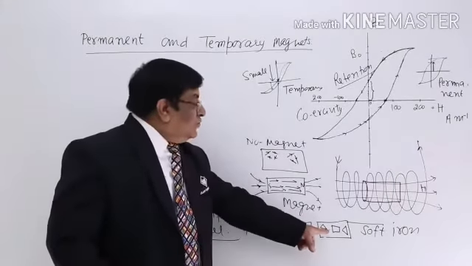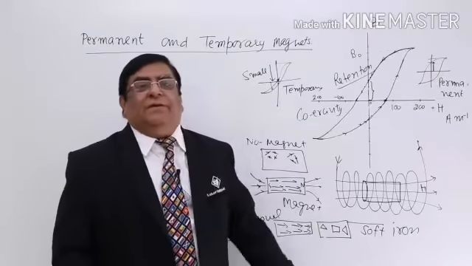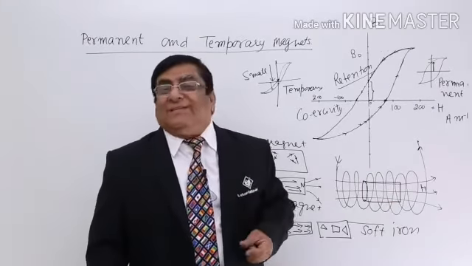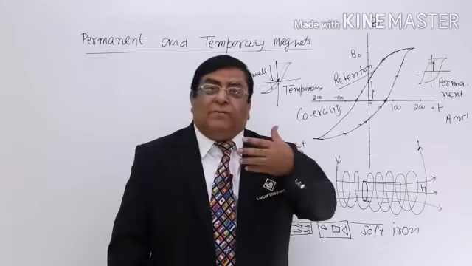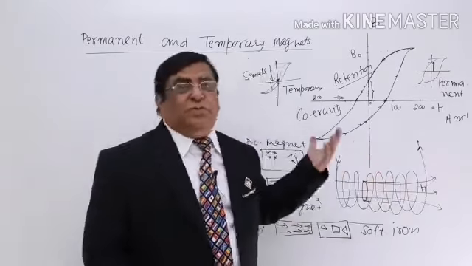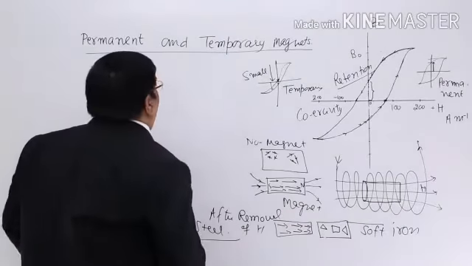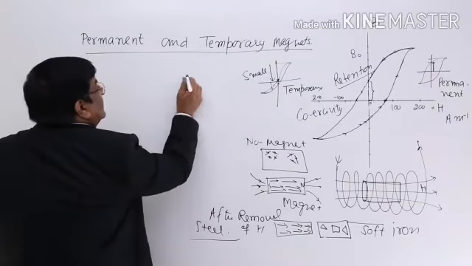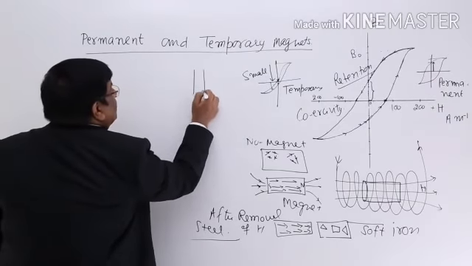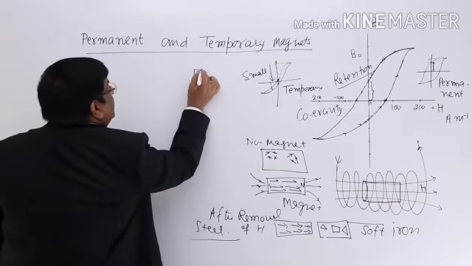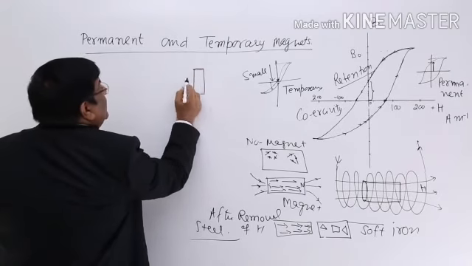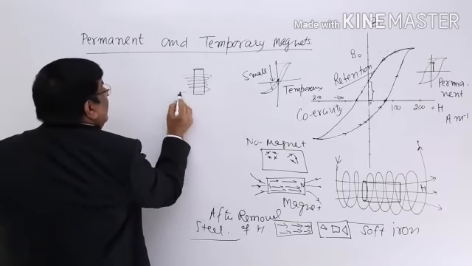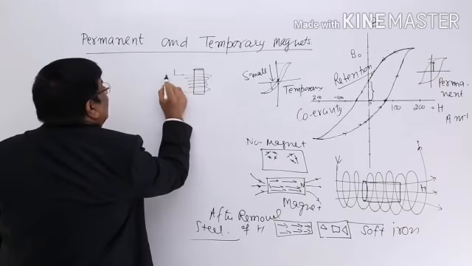Then what is the use and benefit of soft iron? That is, what is the use of temporary magnets? Answer: temporary magnets are sometimes more useful than permanent ones. How? I tell you an example we use in machinery. We have this circular rod, and here there is a coil like a solenoid, and this can carry current.